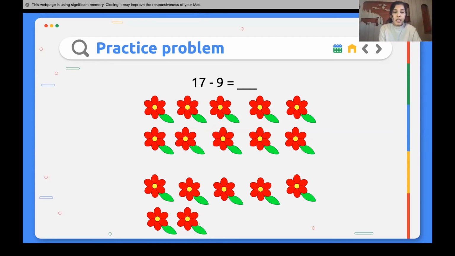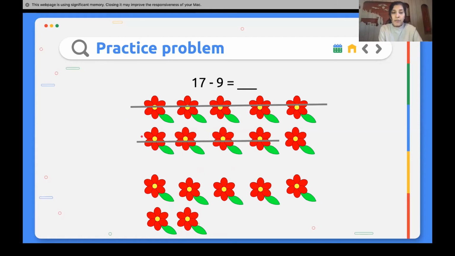Then here 11, 12, 13, 14, 15, 16, and 17. So my 17 flowers. And I need to subtract 9. So I know 5 plus 4 is 9. So I'm going to subtract these 5. And then I'm going to subtract these 4.